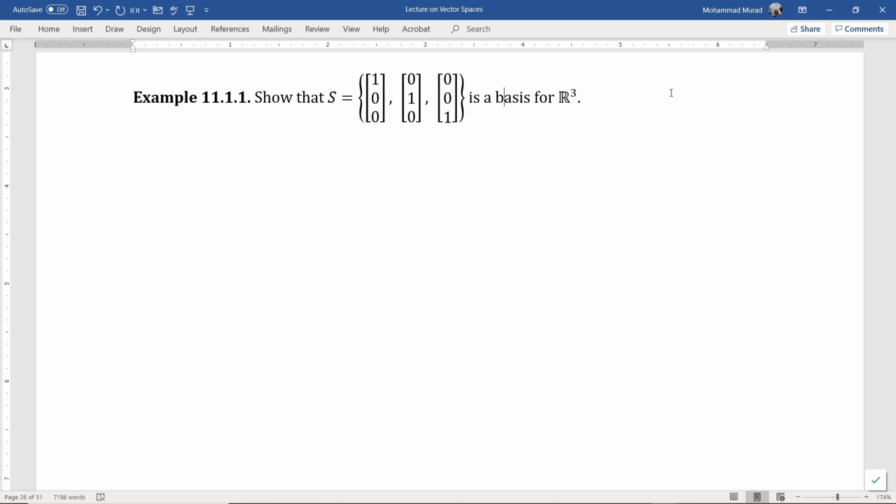Example: we want to show that the set S containing these three vectors is a basis for the vector space R3. Let's have a look at the solution.